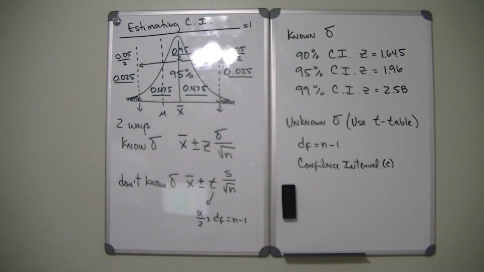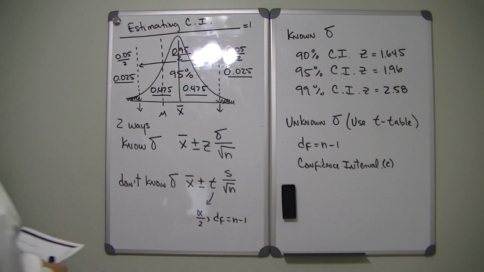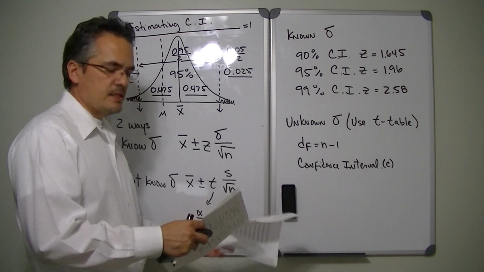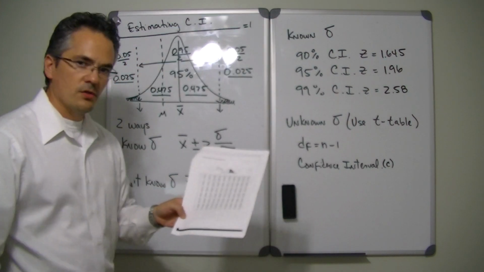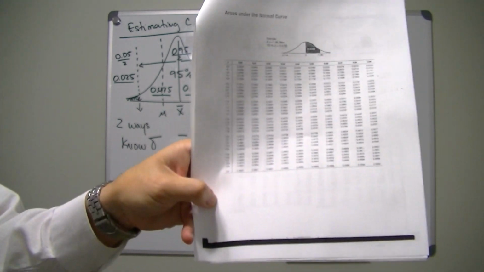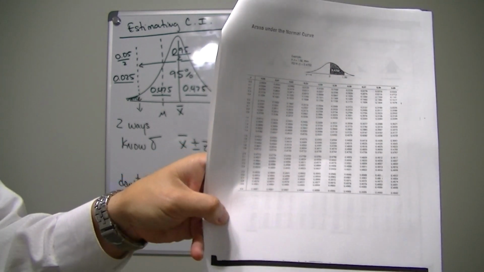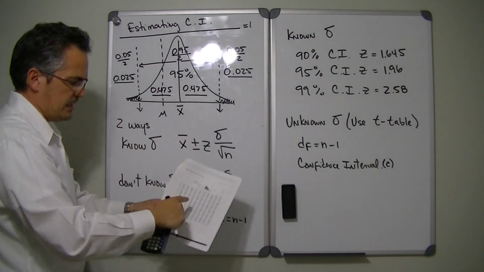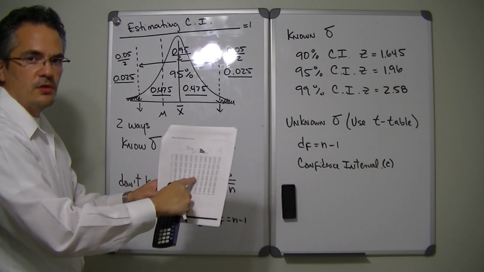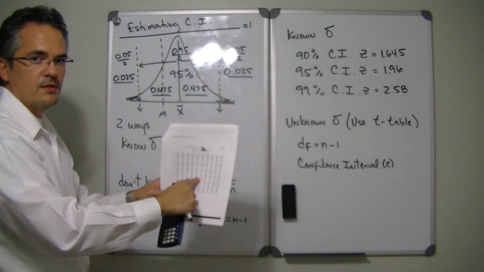So, if you take your z table, which you're going to find where it says areas under the normal curve, and you look for that probability in the center of the table, you're going to get the z value corresponding to that.